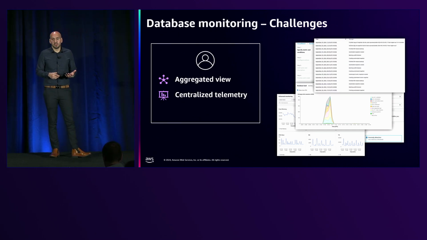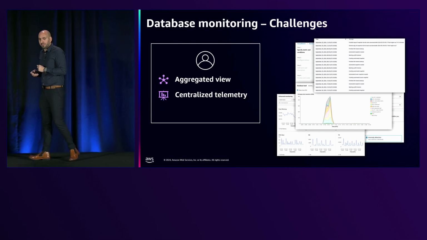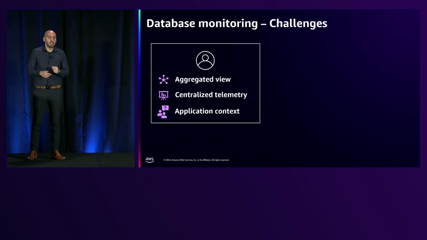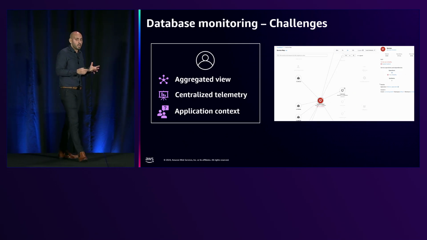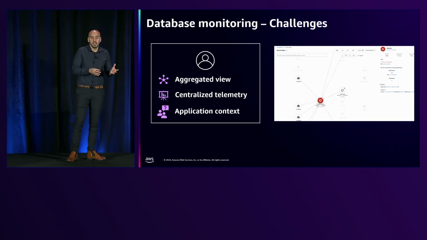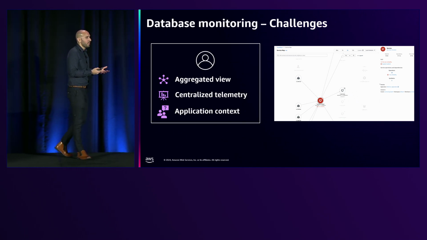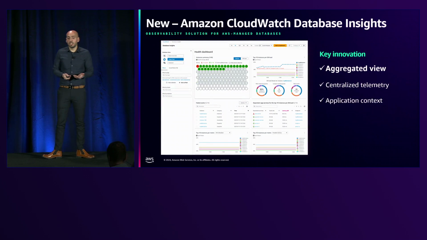Many of our customers asked us to provide a centralized telemetry so they can have a true single pane of glass. And lastly, many customers told us that they would like to better understand application context, and particularly correlation between application API and database performance. So we've listened to your feedback, and today we are very happy to announce CloudWatch Database Insights.